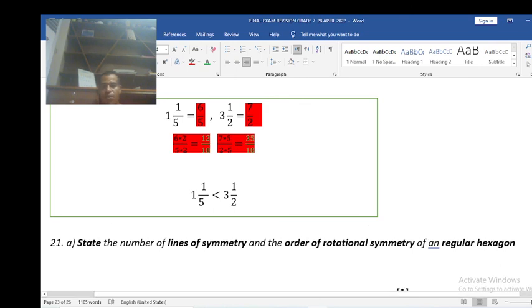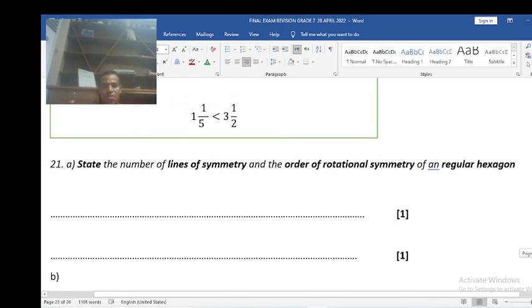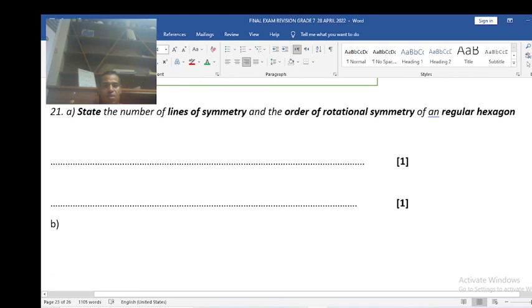Okay, the second question, maybe the last. State the number of lines of symmetry and the order of rotational symmetry of a regular hexagon. You know that a regular hexagon has 6 equal sides, 6 interior angles and 6 external angles.